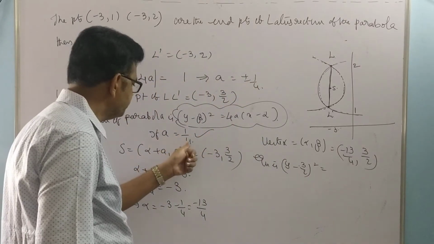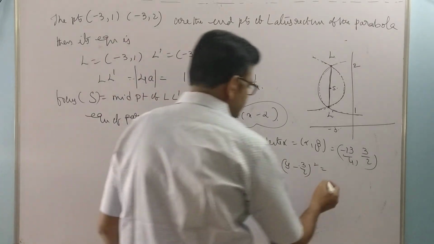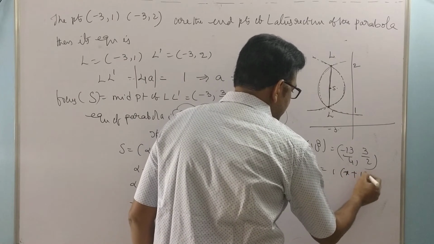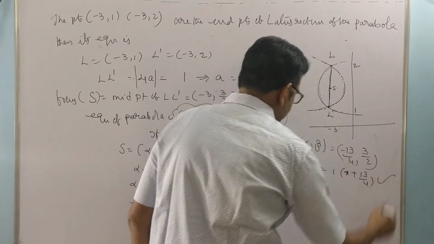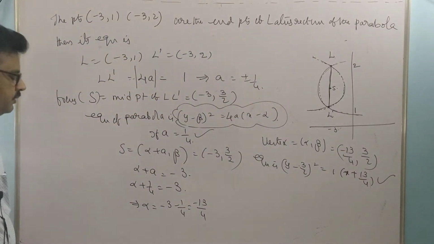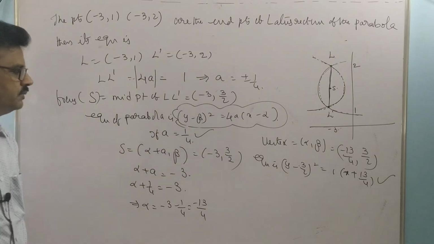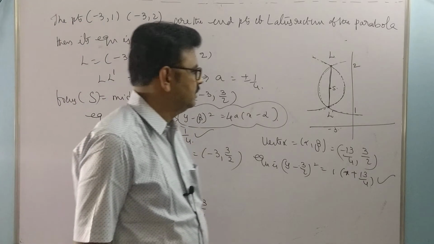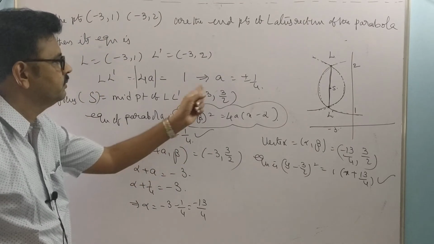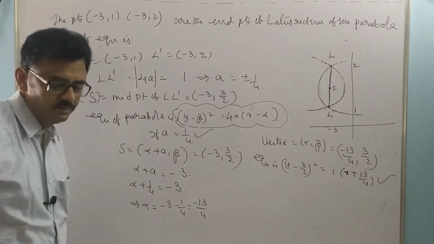I am taking a value 1 by 4, so 4a means 1, into (x minus alpha), that is x plus 13 by 4. So this is one equation. Next, if you take a equal to minus 1 by 4.